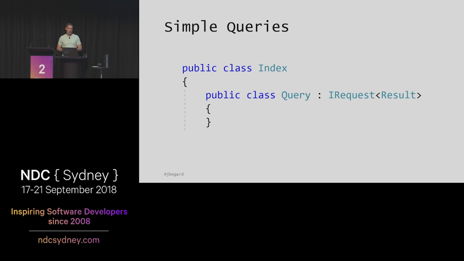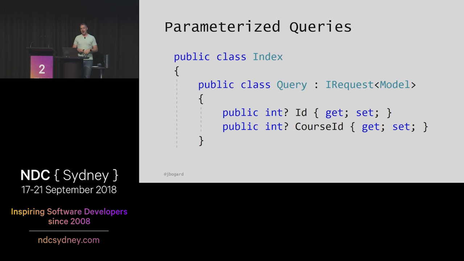Some of our queries could get a little more complicated. If we needed some kind of parameterization with our queries, these would just be additional properties on top of our query object. This, for example, represents viewing additional details for a course or something. All the different parameters that you might see in the URL, or that I'm pulling out of context, I'm just passing through as individual properties.